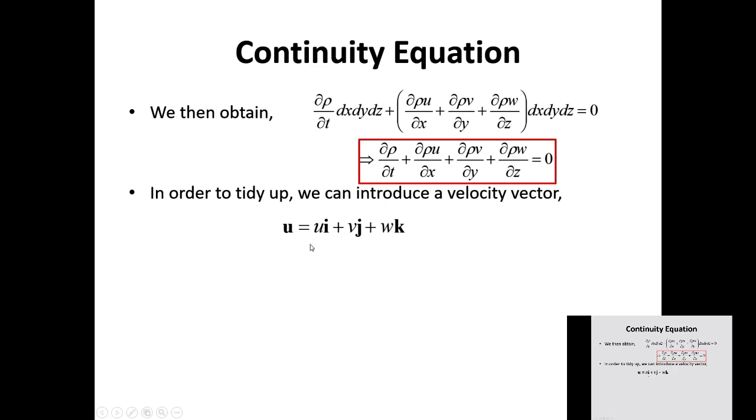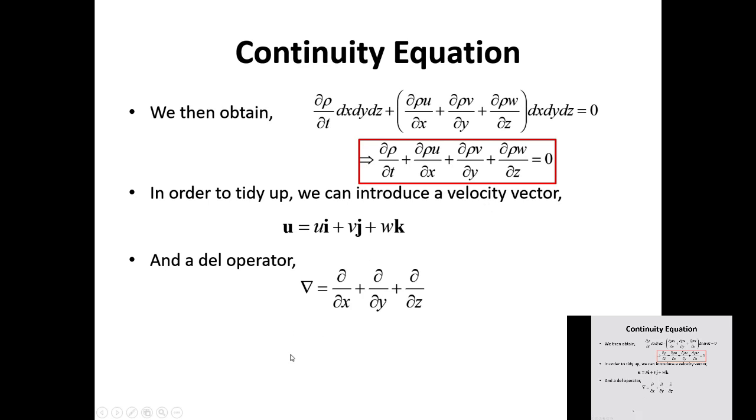So the velocity vector is u i plus v j plus w k. Those are directional vectors. These are the individual velocity components, u, v, and w. i, j, k are the directional vectors. Okay.